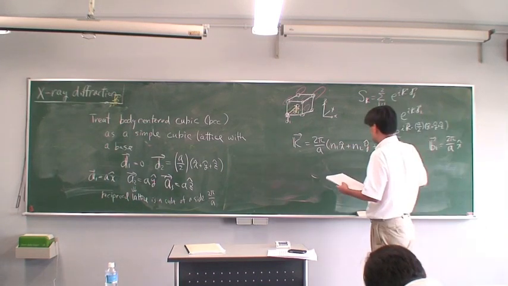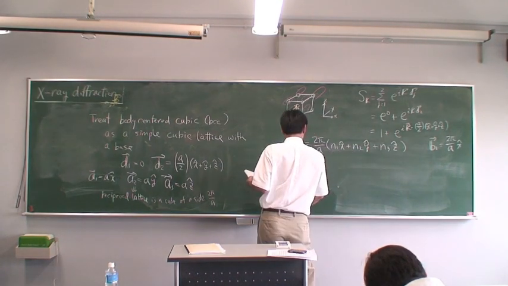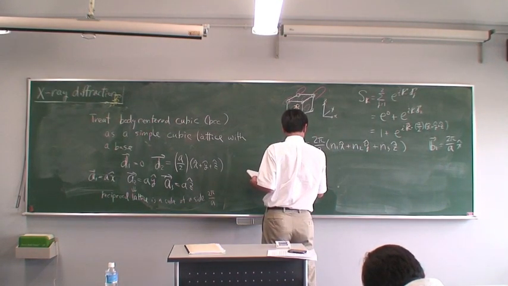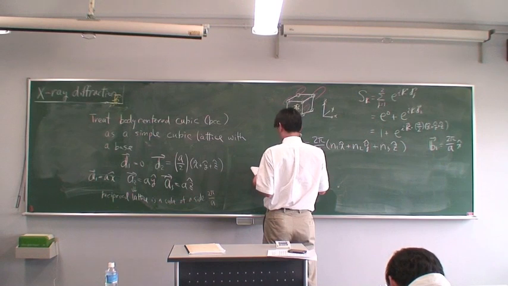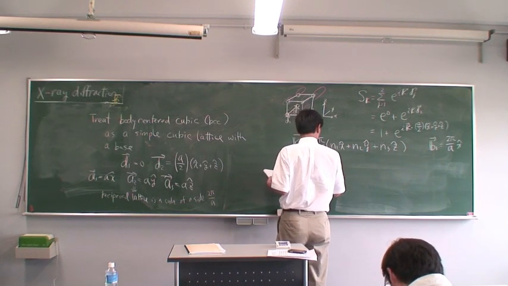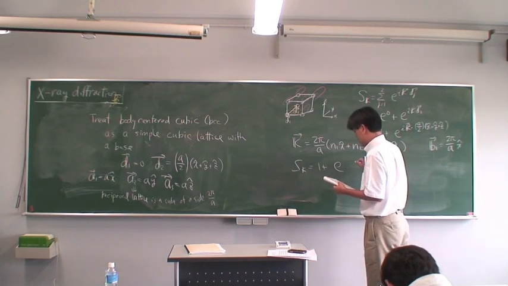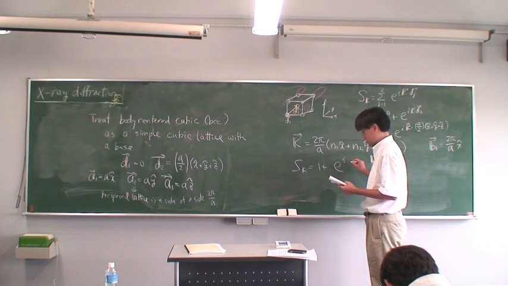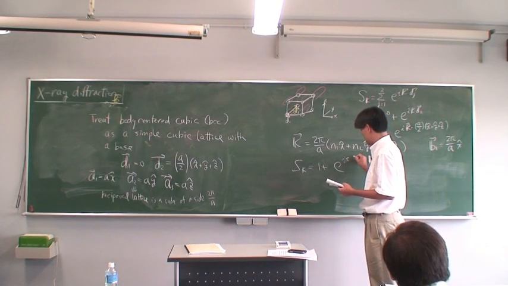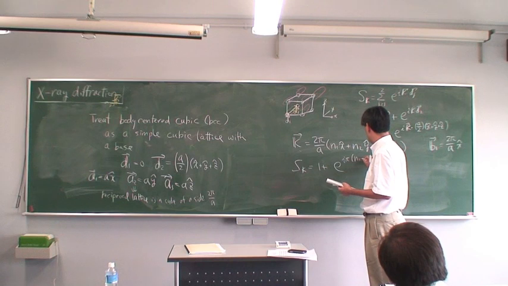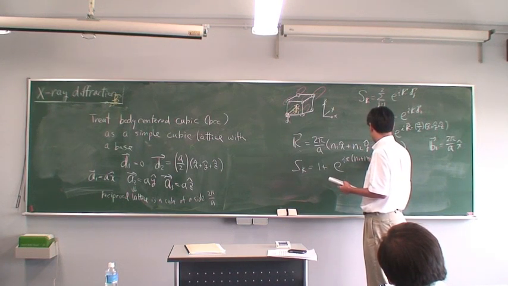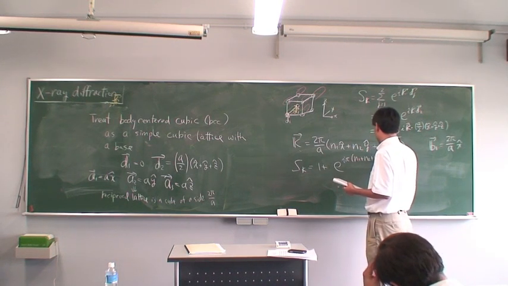So if I insert this, what I end up with is the structure factor S_K, that is 1 plus exponential i π (N1 plus N2 plus N3).